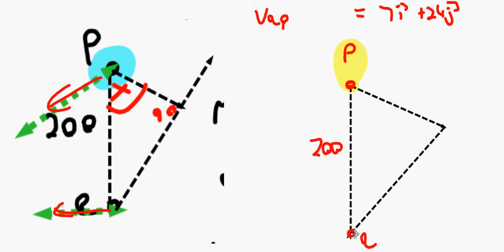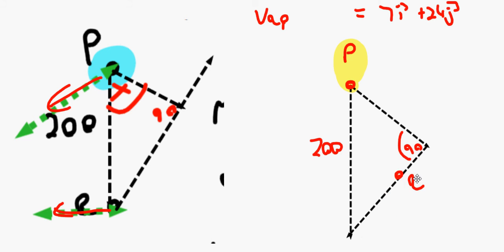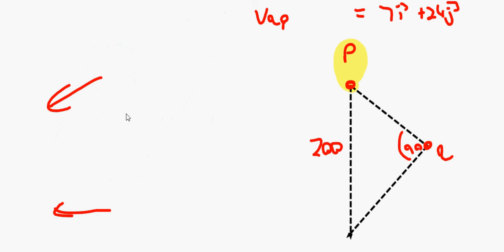So it starts off at 200, and what we're going to do first is figure out the closest approach, which is generally 90 degrees from its original. So Q moves from a distance of 200 all the way to its closest approach relative to P. We're going to use angle x from the previous.